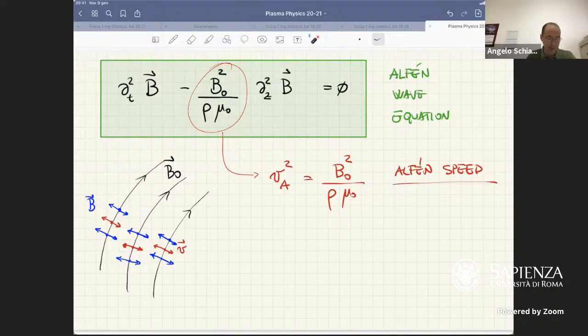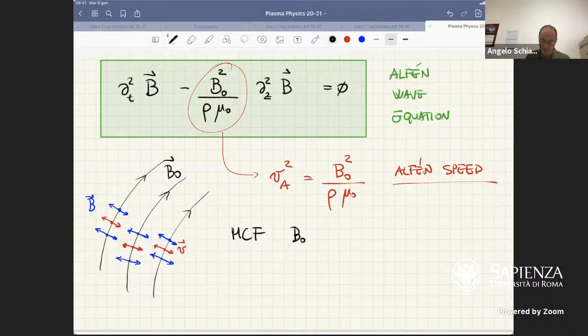So let's estimate for our case study what the Alfvén speed is. Our case study, remember, for the external applied field will be magnetic confinement fusion, MCF, which has a typical magnetic field of a few Tesla.